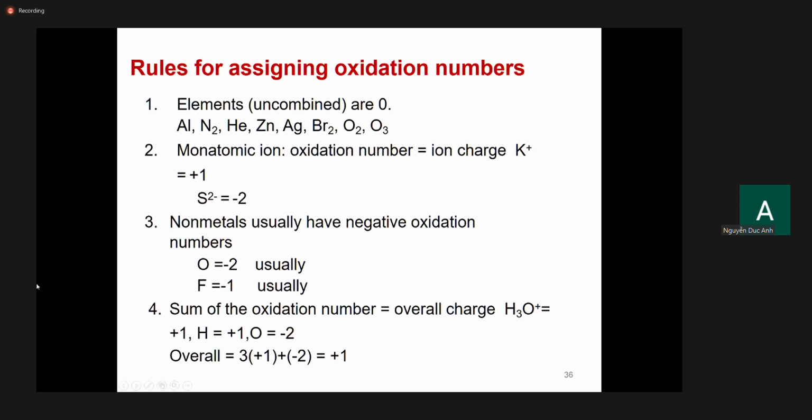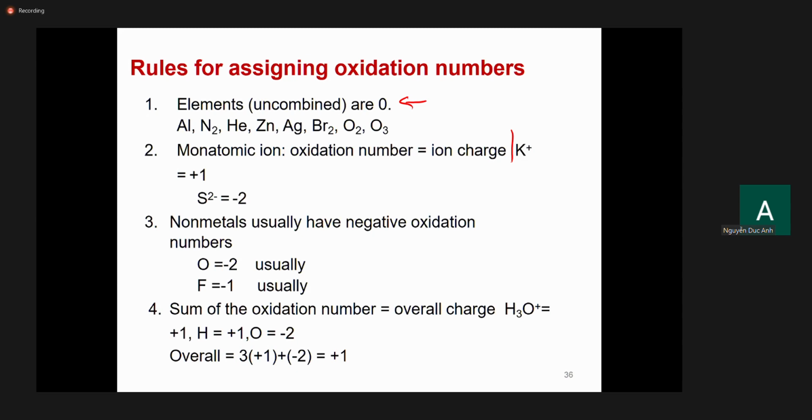So for assigning oxidation numbers, in the tutorial class I told you that there are some rules. Elements have the oxidation number of 0. Monoatomic ions, like potassium and sodium, are +1.